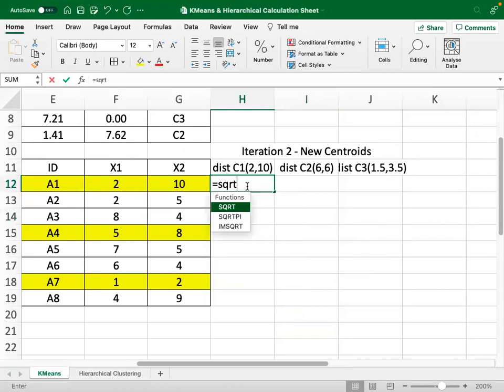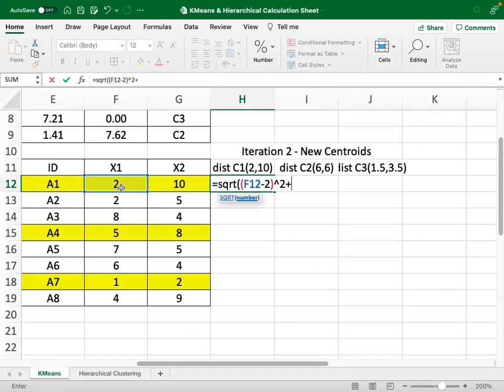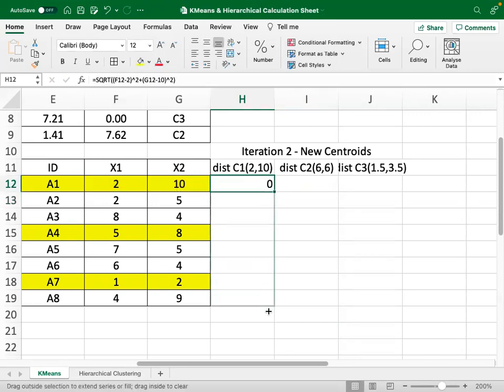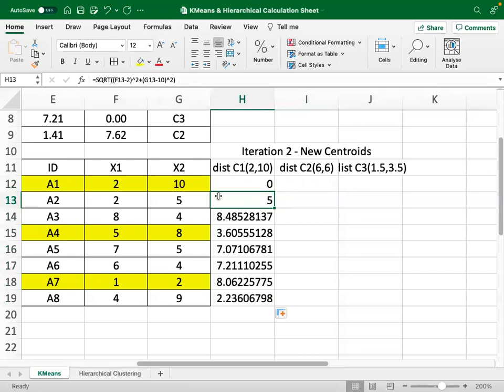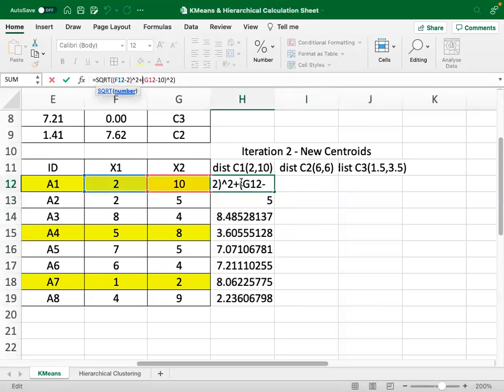Is equal to SQRT, open two brackets, (2 minus 2) to the power of 2 plus (10 minus 10) to the power of 2, close bracket. So this is the formula which we are using.